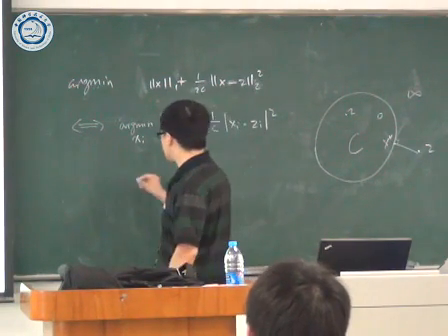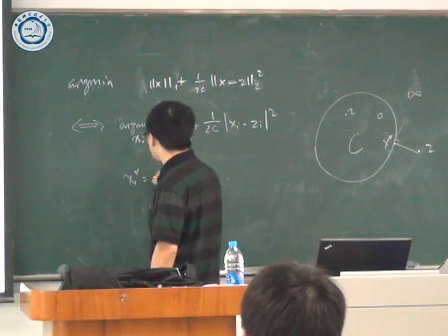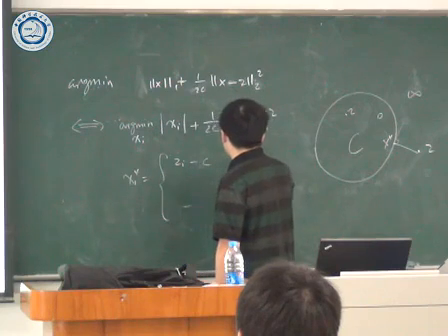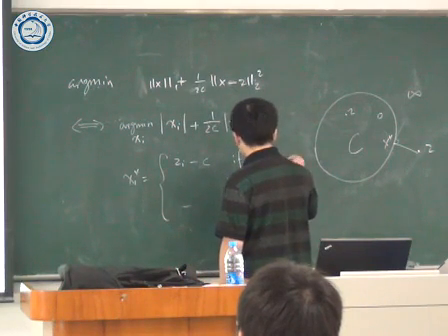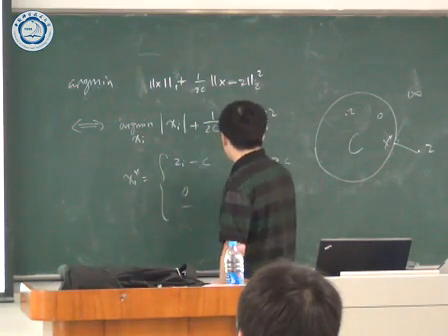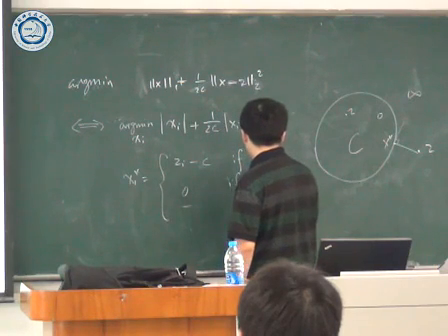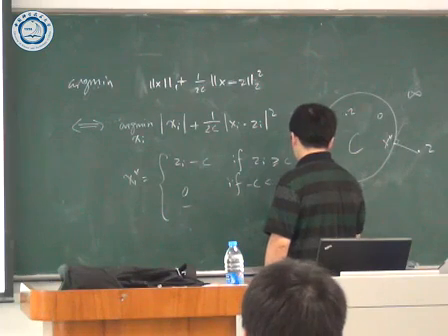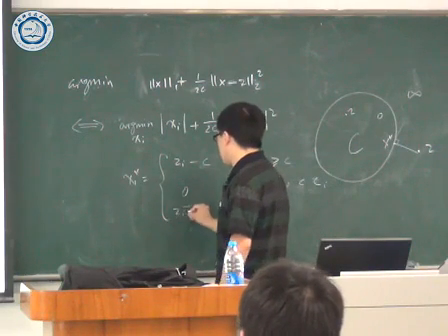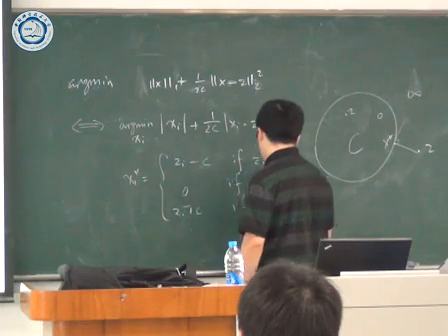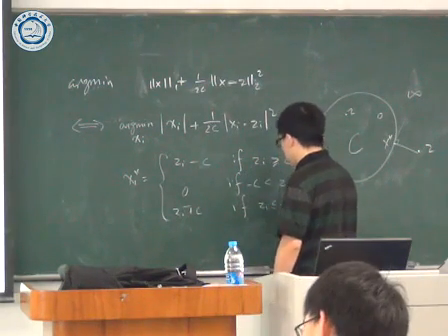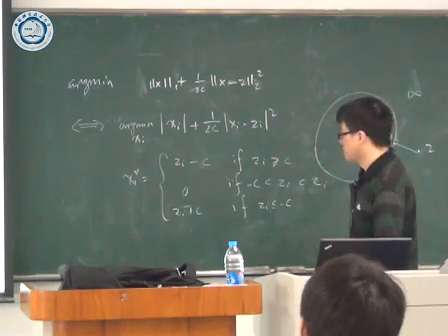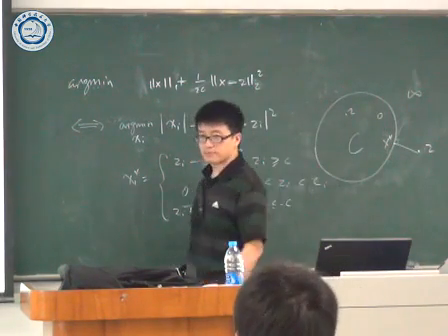So the solution is xi star equals the following: zi minus c if zi is greater than or equal to c, 0 if zi is between negative c and positive c, and zi plus c if zi is less than or equal to negative c. This is called soft thresholding. There's a name for this. It's called shrinkage or soft thresholding.